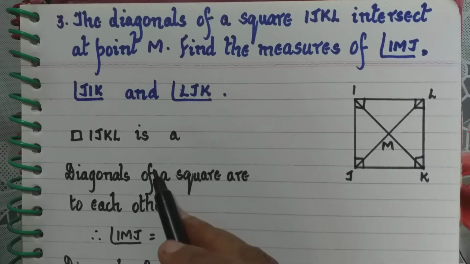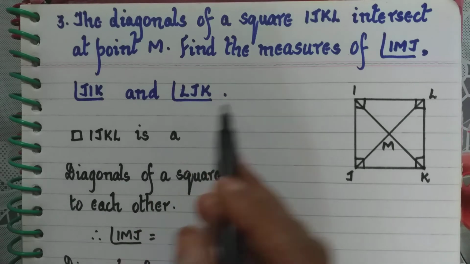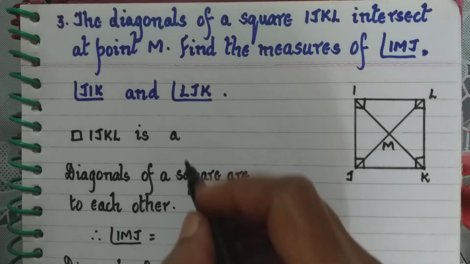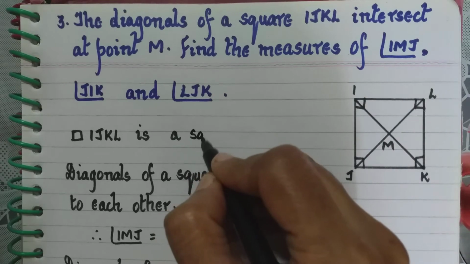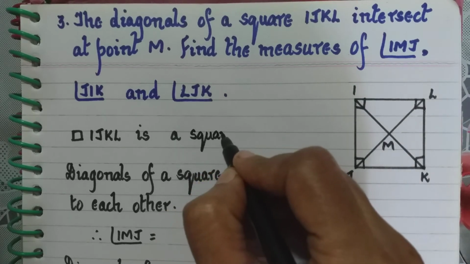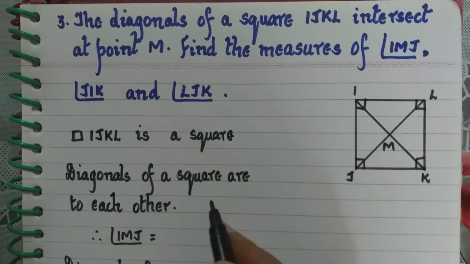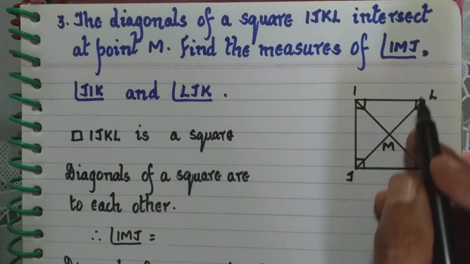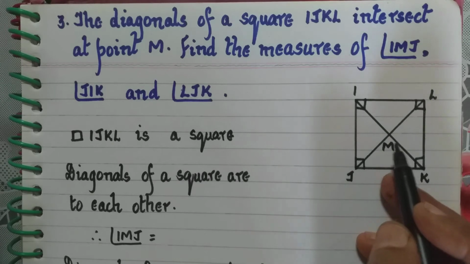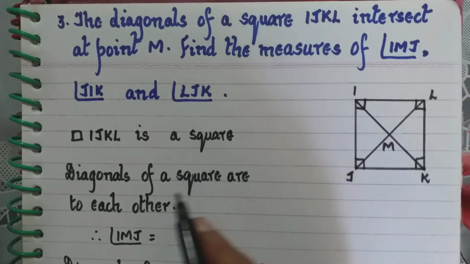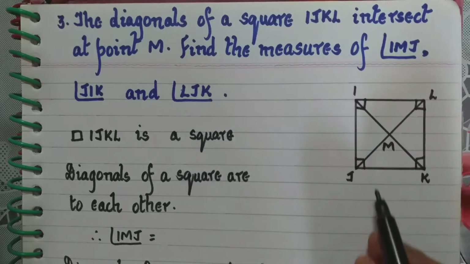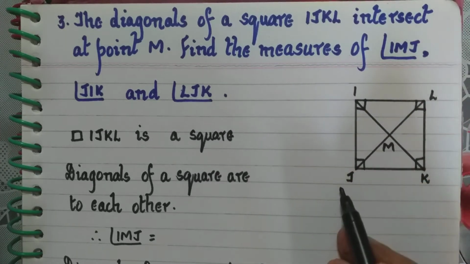Okay, so now let us go to the question. They have given us that quadrilateral IJKL is a square. Now we go to the first property. Diagonals of a square are perpendicular to each other. Why are we using this property? Because they have asked the measure of angle IMJ.